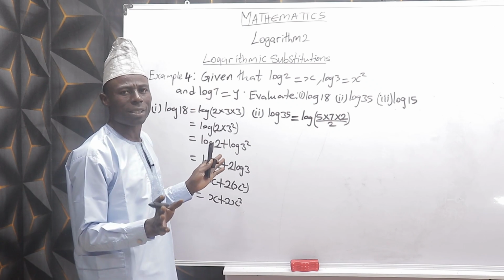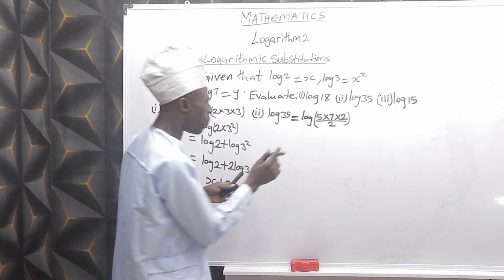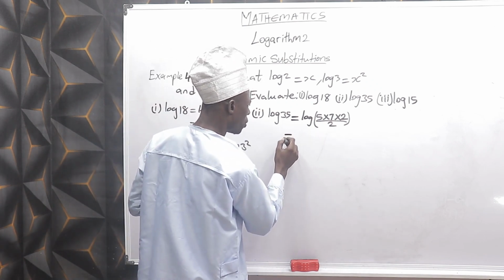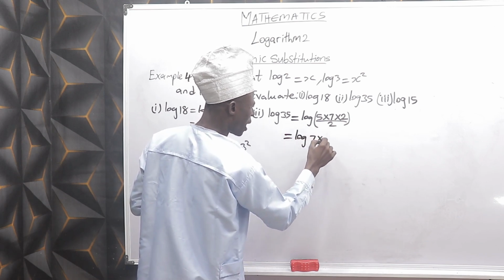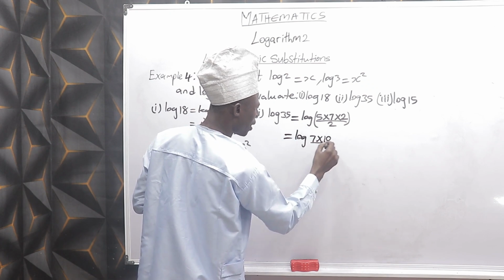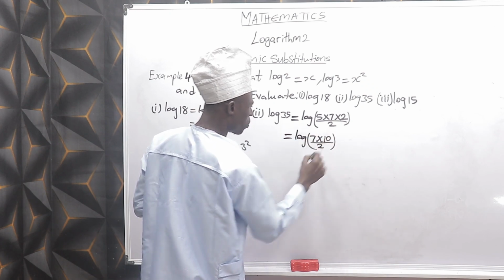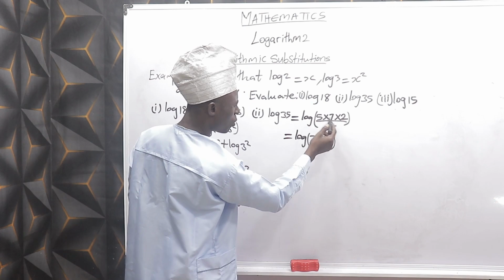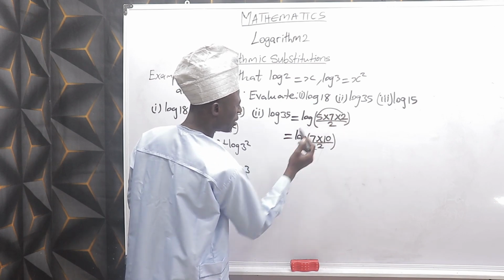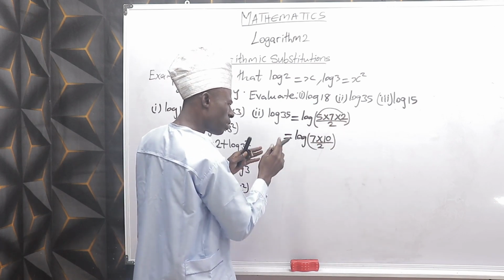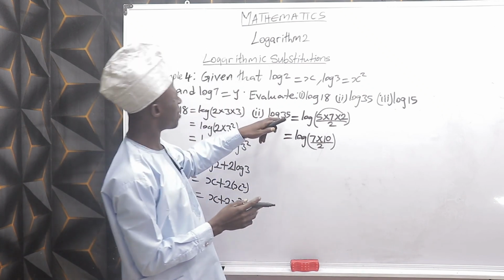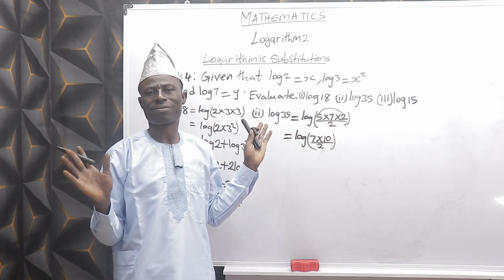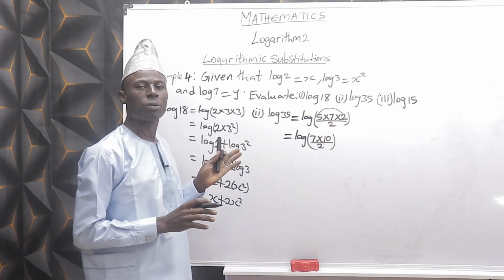It's like I don't do anything to it. That is different, but it will make a way. Look at it. Log 7 times 10 divided by 2. That's the simplification I do there. 2 times 5 is 10. So 7 times 10 is 70. Divided by 2 is still 35. I've not changed anything. I've only manipulated the values.